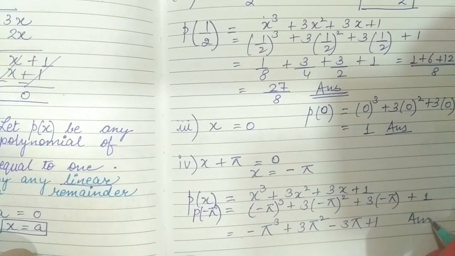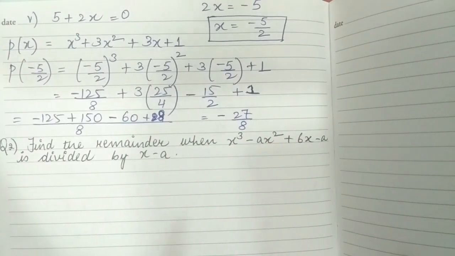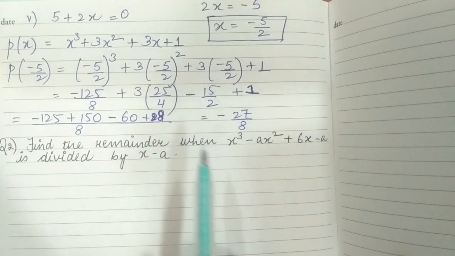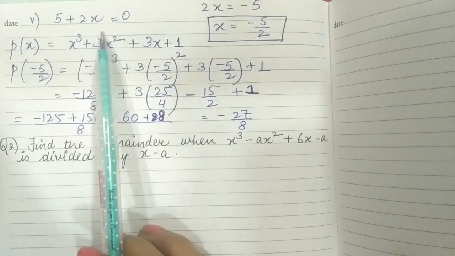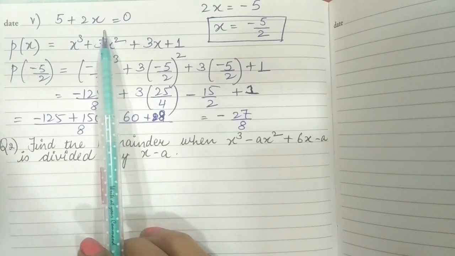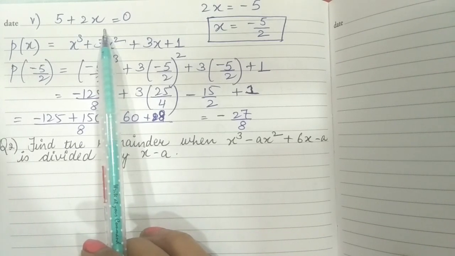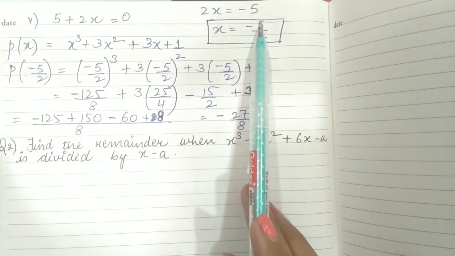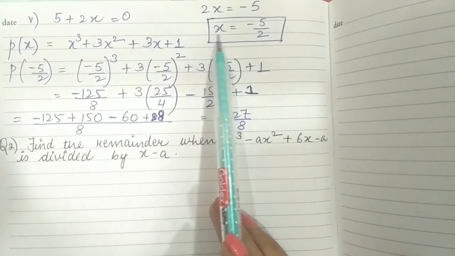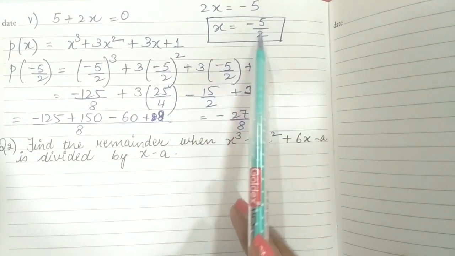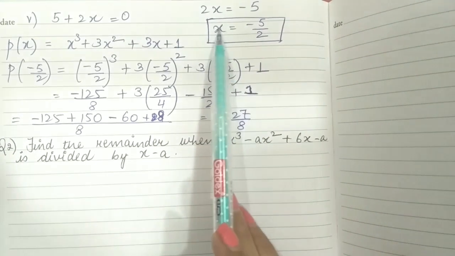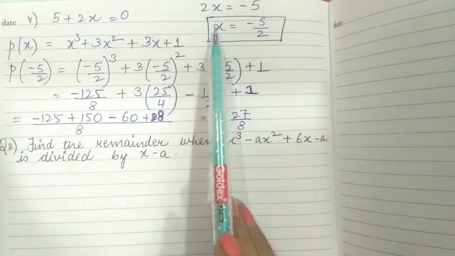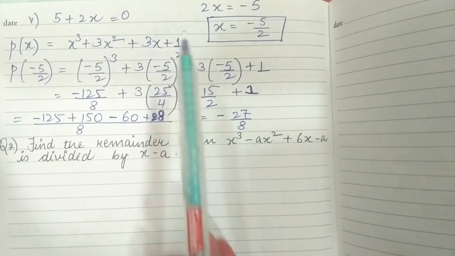This is our remainder. In the fifth part, the divisor is 5 plus 2x. First we are going to equate it to 0 to find the 0 of this linear polynomial. It will become 2x equals minus 5 and the value of x will be minus 5 upon 2. Now put this value of x in the dividend, or in the given polynomial.